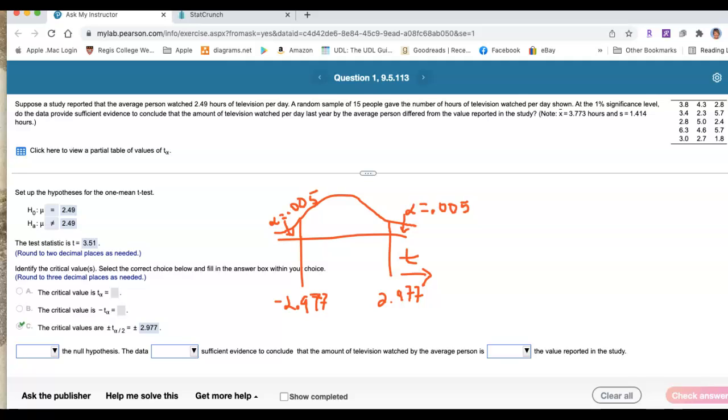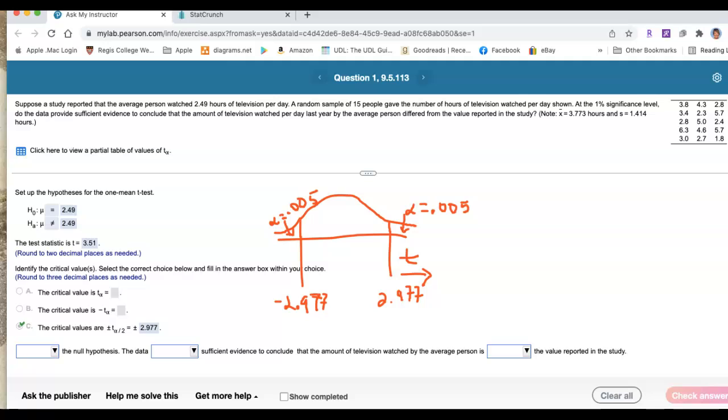So it's not contained in this part of the distribution, the t-distribution between the critical values. Remember, the mean would be right here, the mean that we are testing, 2.49. So if it were to fall in this area, we would not be able to reject the null hypothesis.